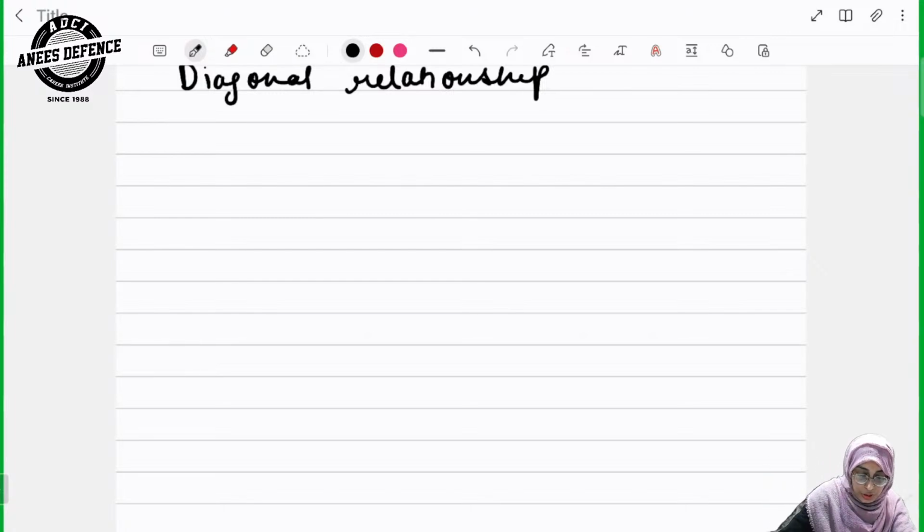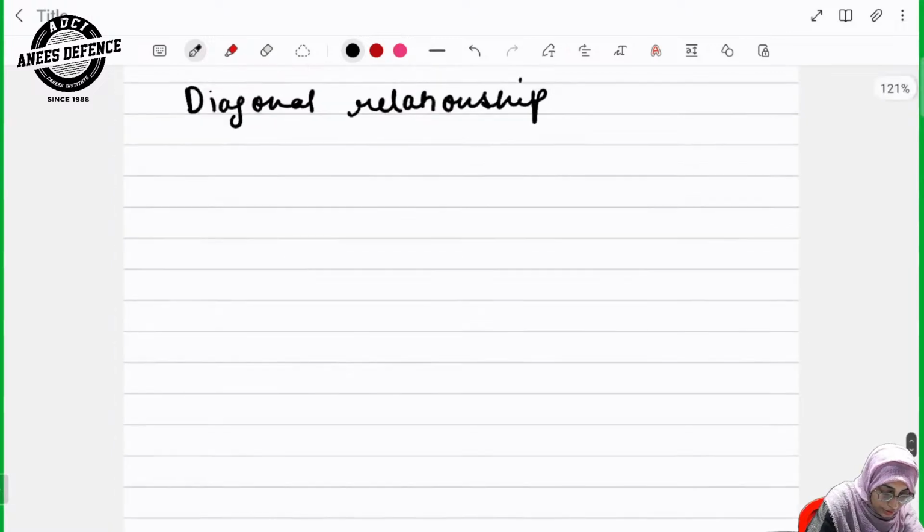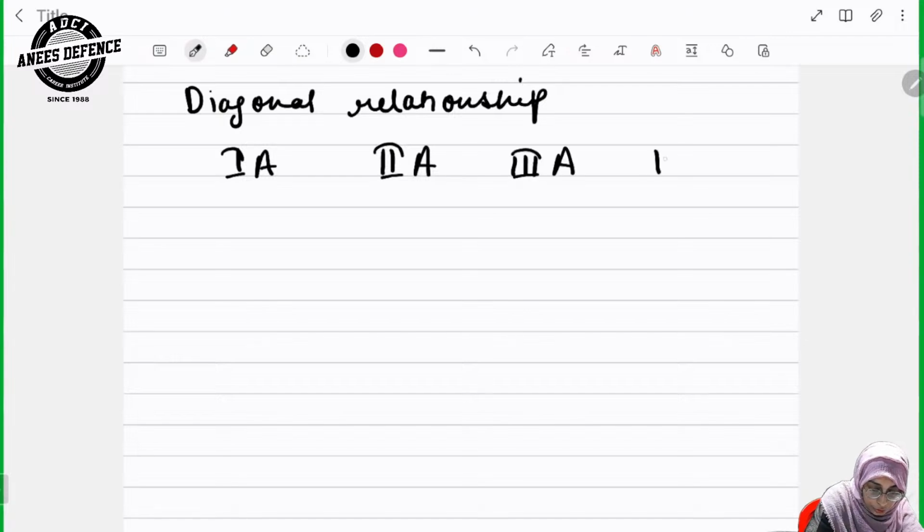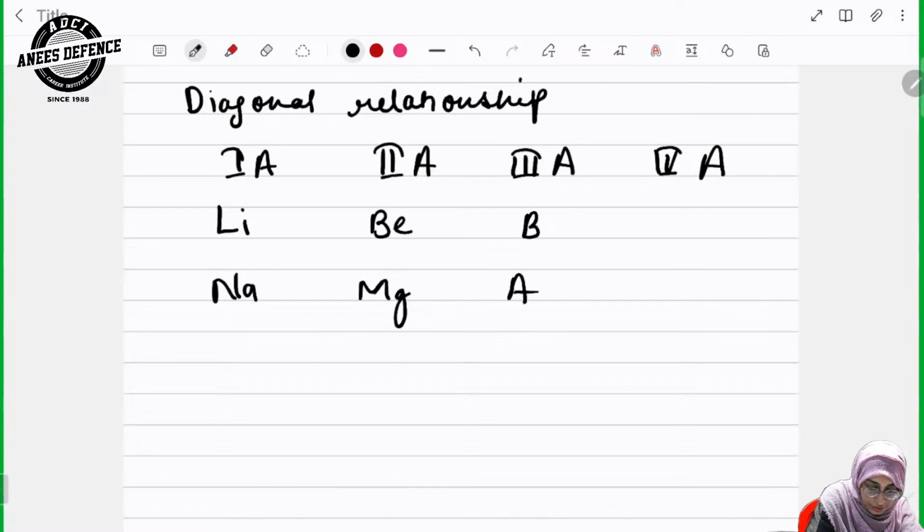Let's take one example. This is the first A, second A, third A, and fourth A groups: lithium, sodium, here beryllium, magnesium, boron, aluminum, carbon, and silicon.